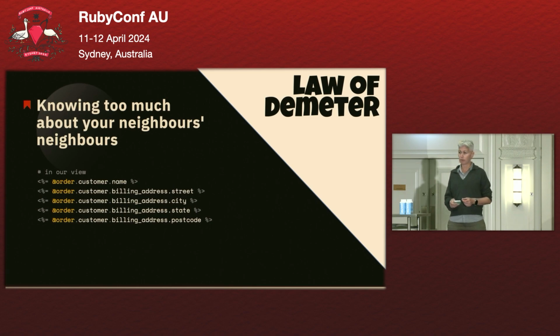Now, why is this a problem? This is a problem because order should only know about itself and the most recent object that it interacts with. For order to know that a customer has an address and then a billing address, and that billing address has a street or a city, is too much knowledge, and it's coupling the objects too much.